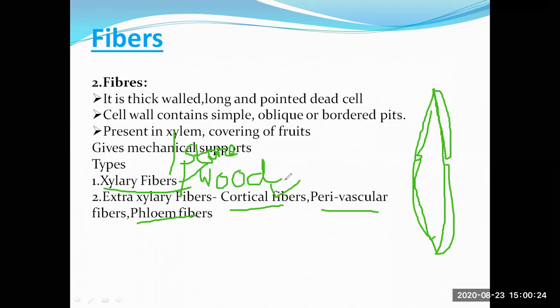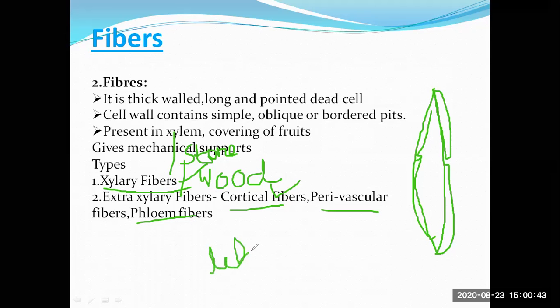On the basis of the relative thickness of their cell wall and the type of pit, either a simple pit or a bordered pit, these xylem fibers are subdivided into libriform fibers and fiber tracheids.